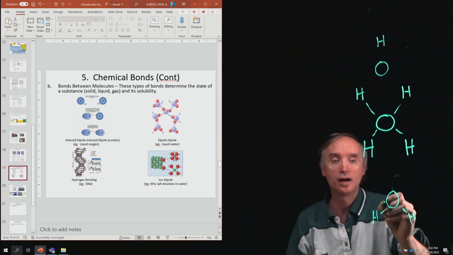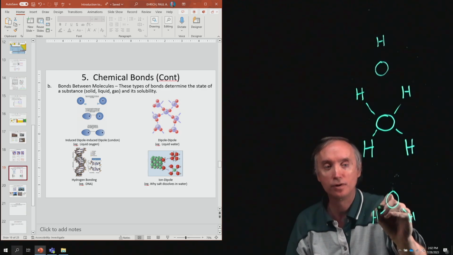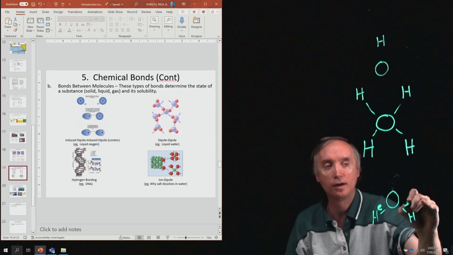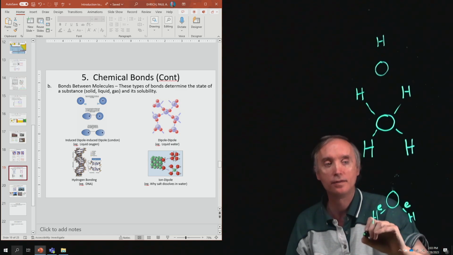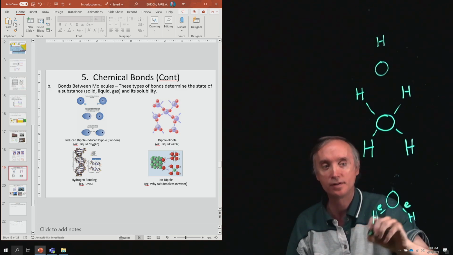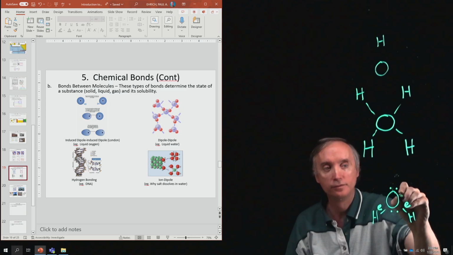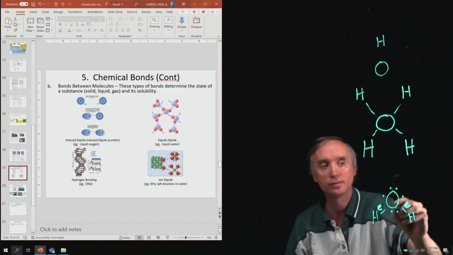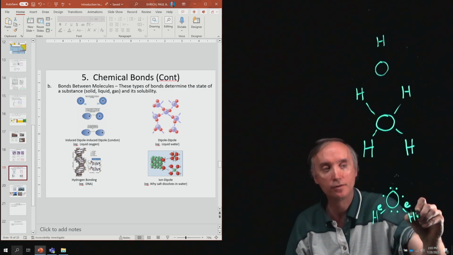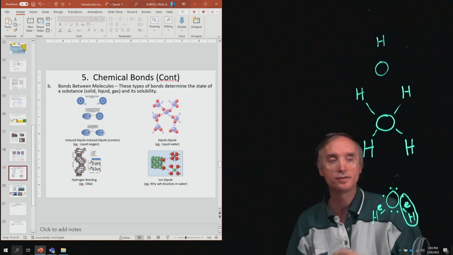Okay, now hydrogen had an electron, and this one has an electron, and oxygen had 6, so 1, 2, 3, 4, 5, 6, and then this hydrogen here is grabbing onto those 2 electrons.